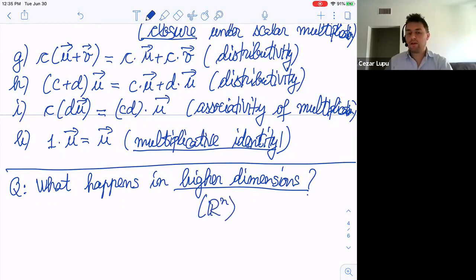Do you think all the properties will hold true even in higher dimensions? Liliana says yes. Do you guys agree? Looks like yes, most people agree with this.